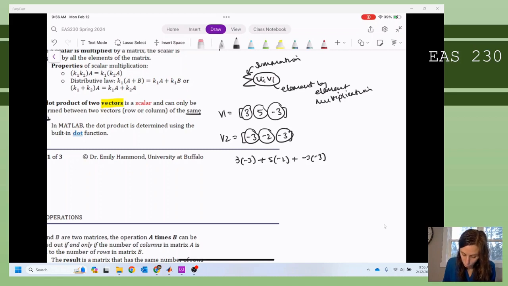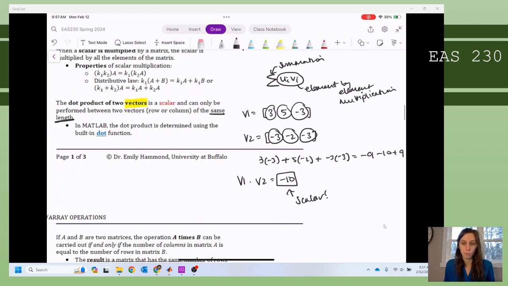So my dot product between v1 and v2 is going to be -10. Note, my answer here is a scalar. The dot product between two vectors is a scalar. These vectors need to have the same number of elements.